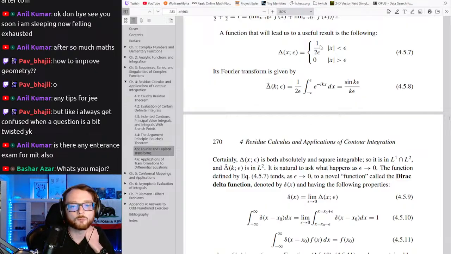And I was wondering why the 2 is there. I imagine that's to make this property be true. Because what would happen when you actually integrate it? That's just a constant. So it would be 1 over 2 epsilon times x, where x goes from minus epsilon to plus epsilon. So yeah, you do need the 2 there to make this property be true.